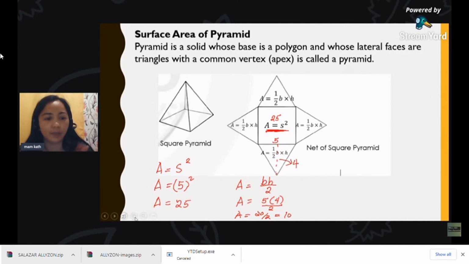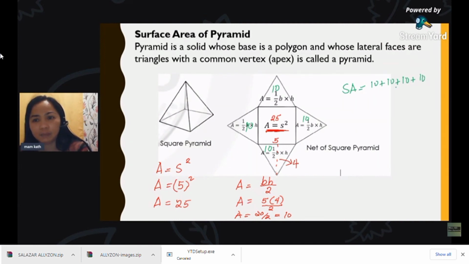Baguhin ko yung kulay. Ang bawat triangle ay may area na 10. So, kung kukunin natin yung surface area niya, we have here 10 plus 10 plus 10 plus 10. Bakit apat na 10?